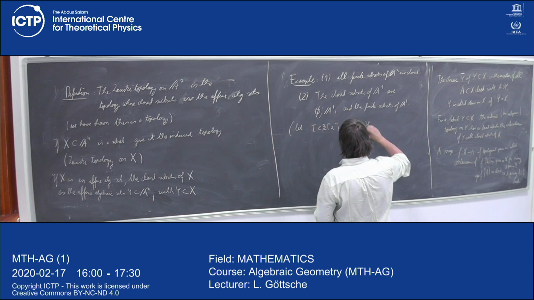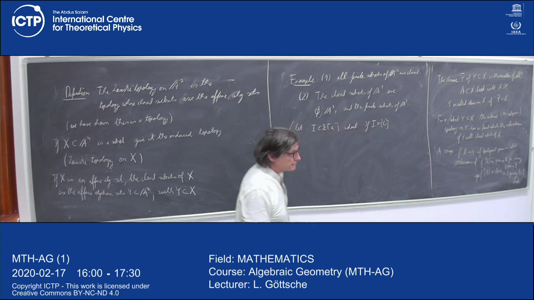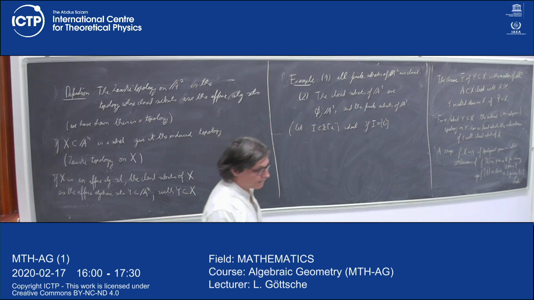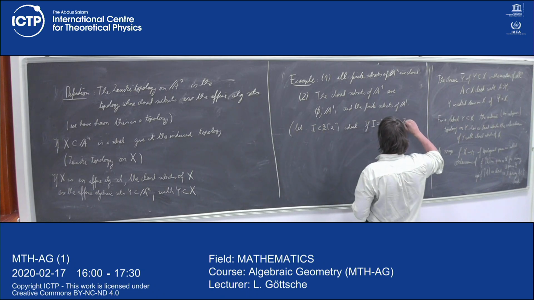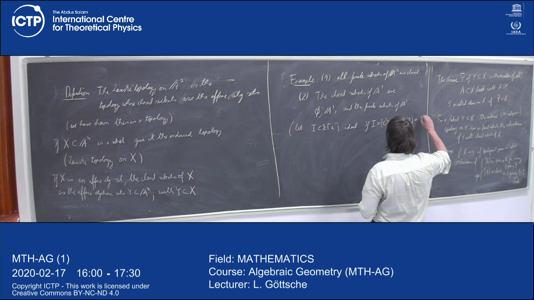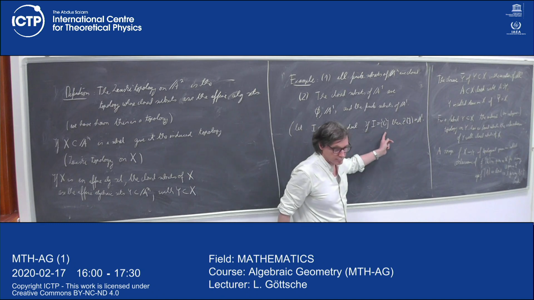If I is the zero ideal, obviously its zero set is the whole of A1. Otherwise, if it's not the zero ideal, it contains a non-zero polynomial.